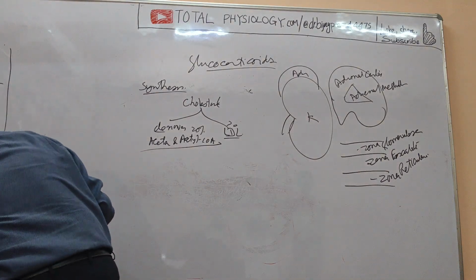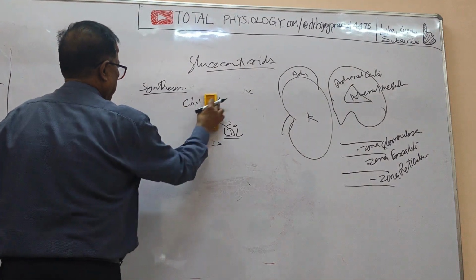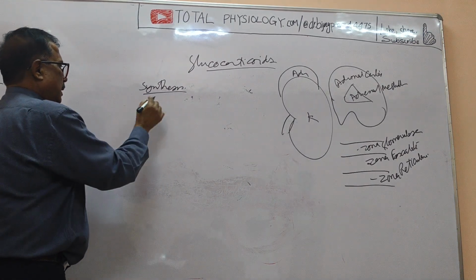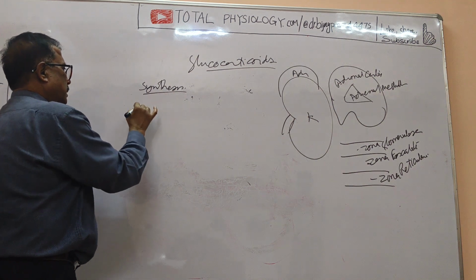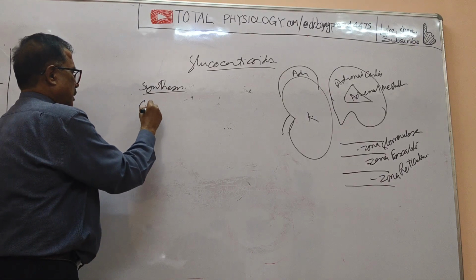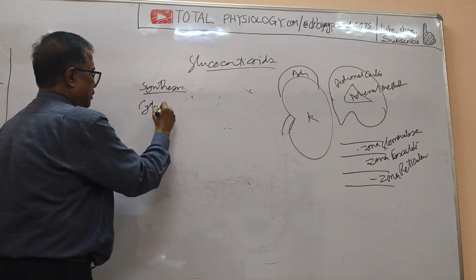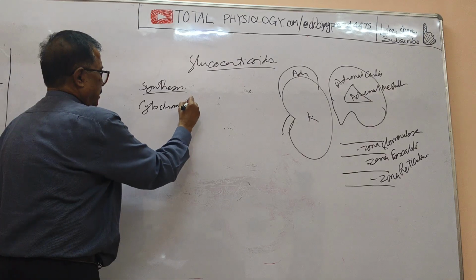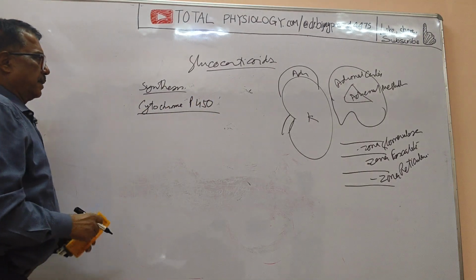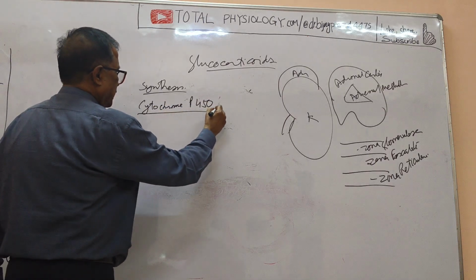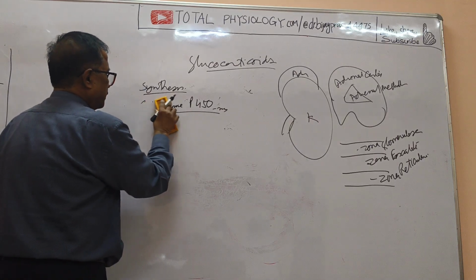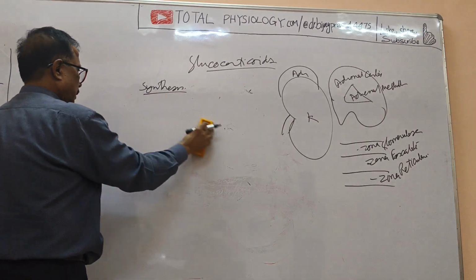Now, coming to the steps of synthesis. Synthesis occurs in mitochondria and to some extent in rough endoplasmic reticulum. The enzymes are cytochrome P450, the main enzyme. This is a system of enzymes. Many enzymes are there and they cause the synthesis of glucocorticoids.